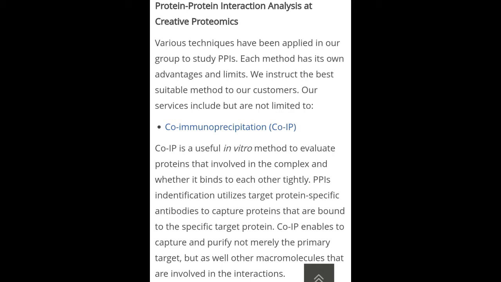So during this PPI identification, target protein specific antibodies are used to capture the proteins that are bound to the specific target protein. So co-IP enables us to capture and purify not merely the primary target but also other macromolecules involved in the interactions. So this is something about the co-immunoprecipitation method.